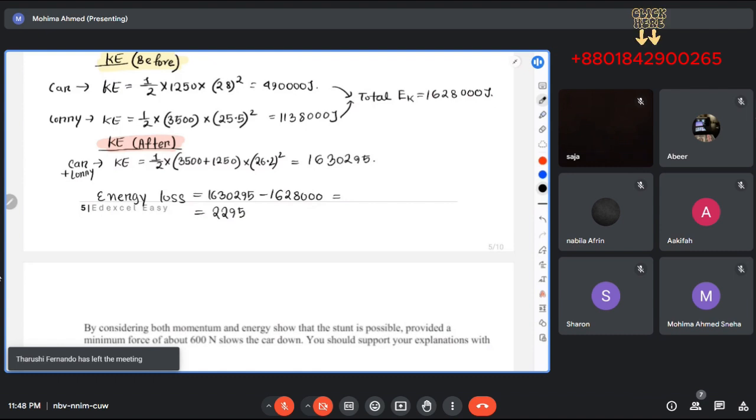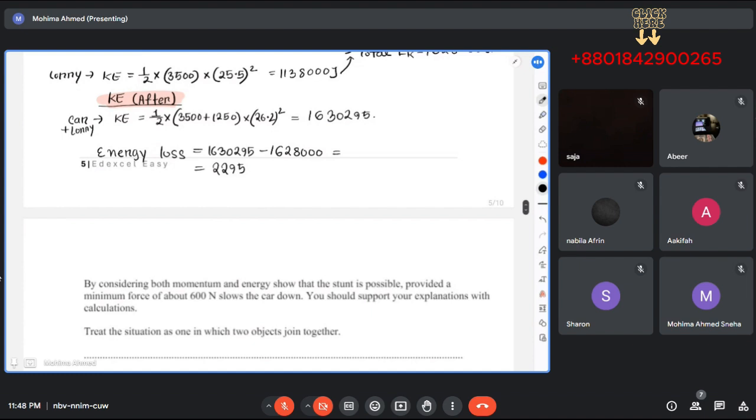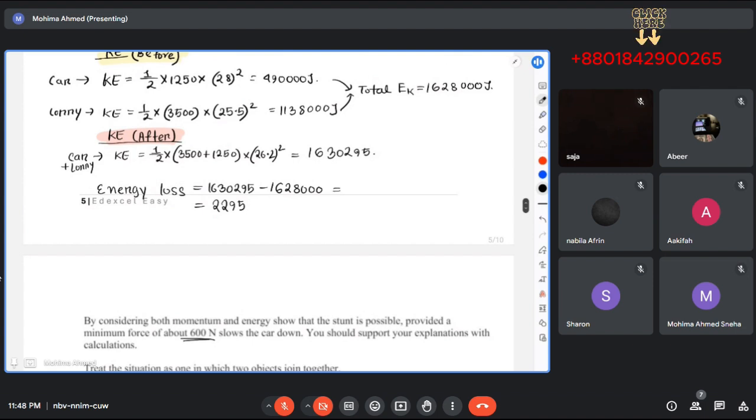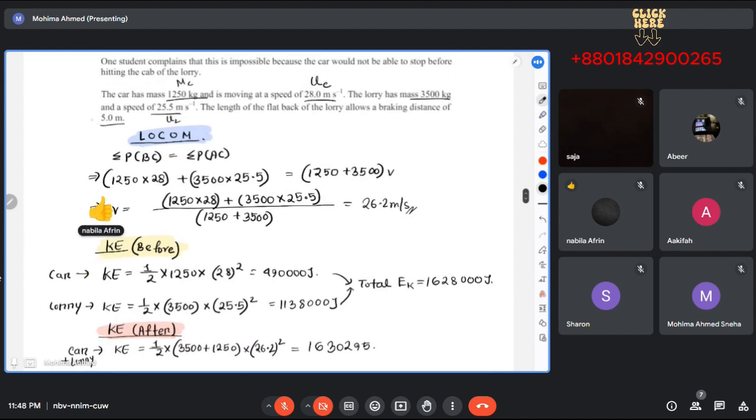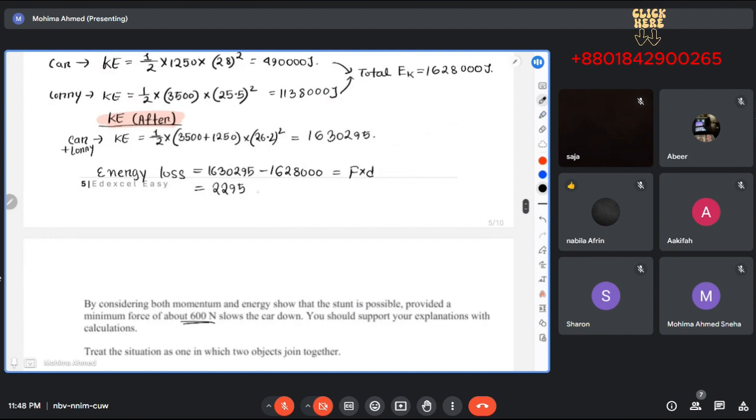Now over here for the energy loss, I have to also show that the maximum provided force in this situation was about 600, right? This is not exactly 600, this was about 600. Because what energy loss is basically work done over here, right? So work done is force multiplied with distance, and the maximum distance it can travel is this 5 meters.